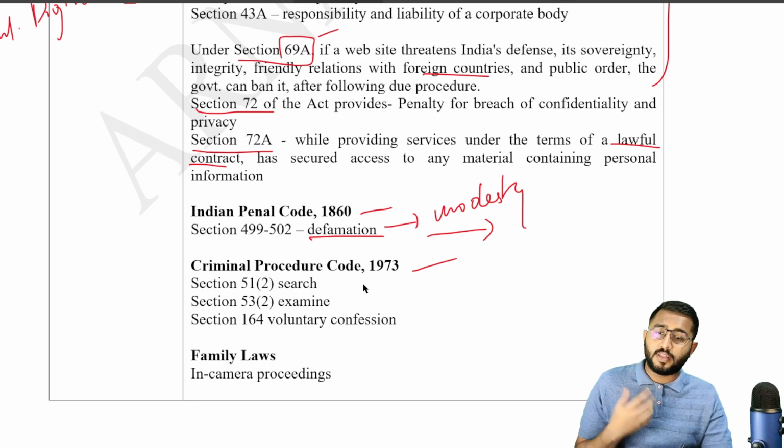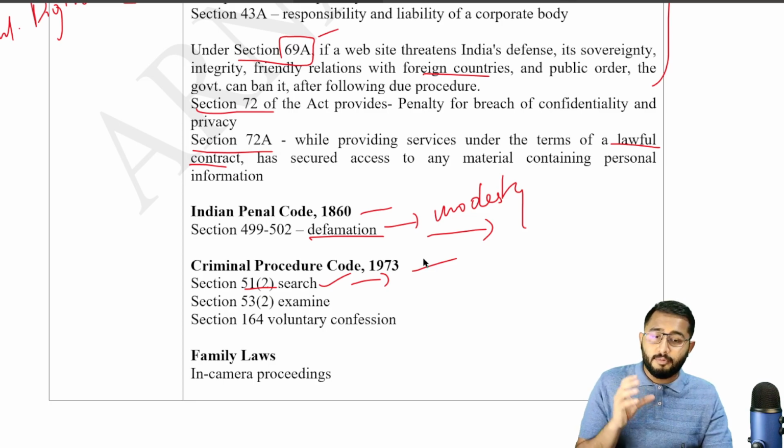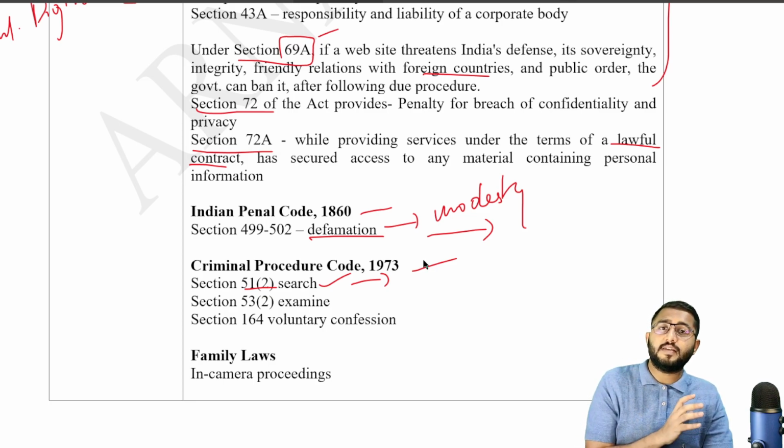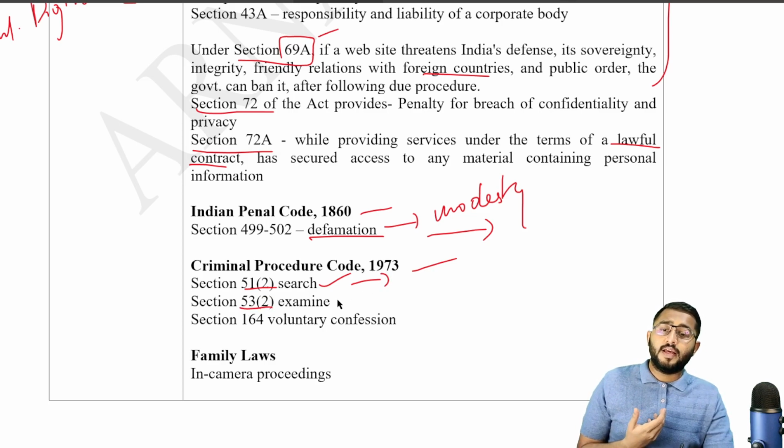Similarly, the Criminal Procedure Code recognizes in Section 51(2) that when searching a woman, it should be done by a female officer, making sure all decency is maintained, right? A similar thing is under 53(2), where the medical examination of a woman is to be done by a practicing female medical practitioner, right?